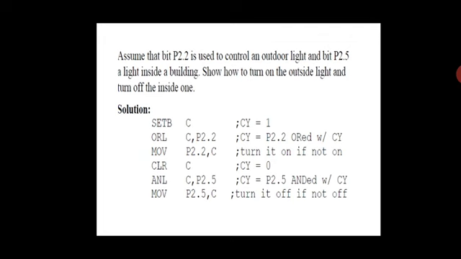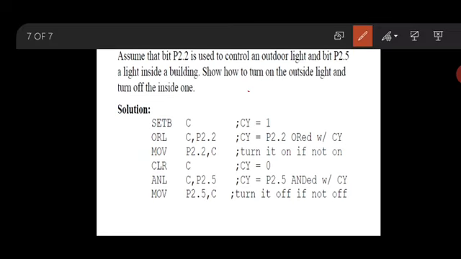Okay, let us go with one more program. Assume that bit P2.2 is used to control an outdoor light and bit P2.5 controls a light inside the building. P2.2 is used to control the outdoor light, and P2.5 is inside the building.